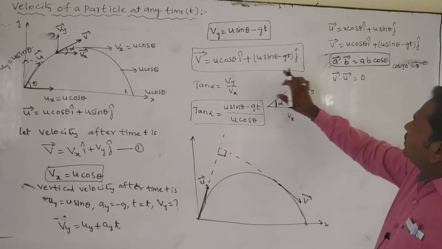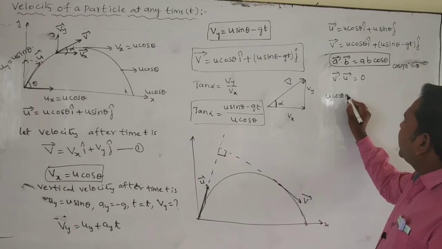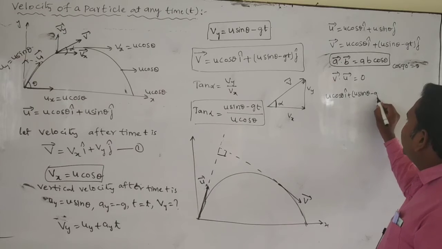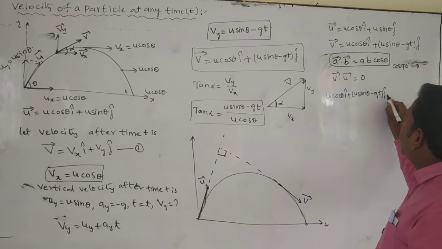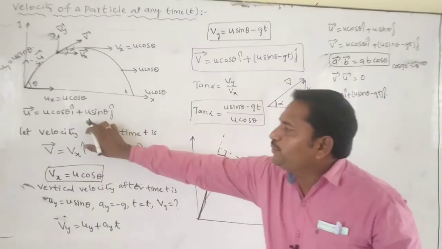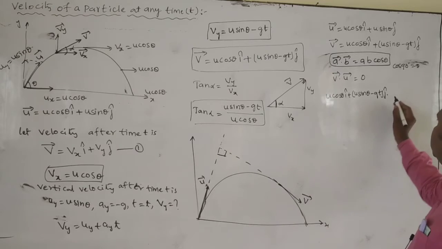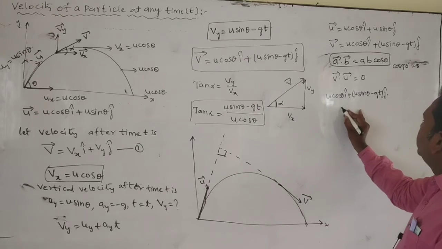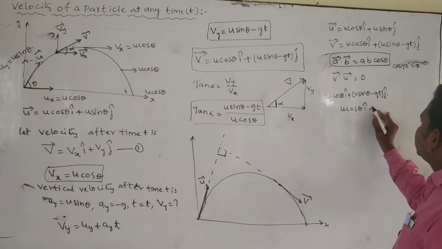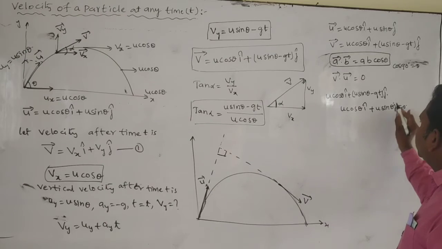So the velocity after time t, u cos theta i cap plus (u sin theta minus gt) j cap, dotted with u cos theta i cap plus u sin theta j cap, equals 0.